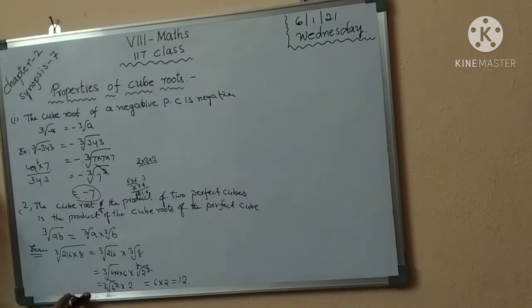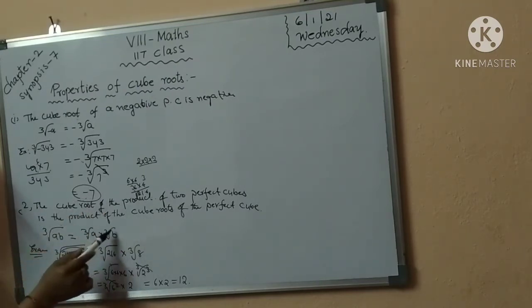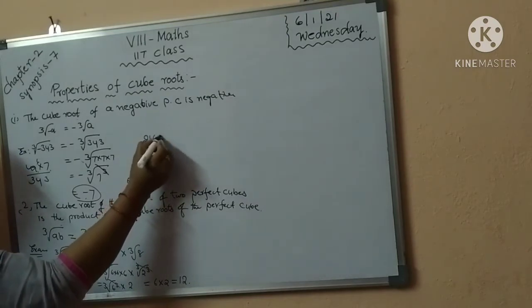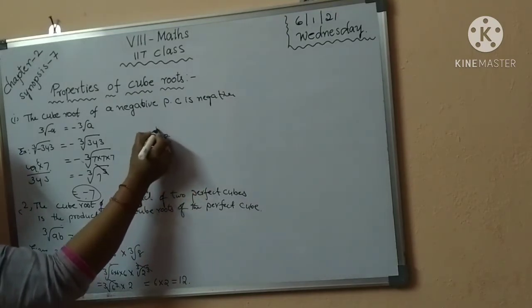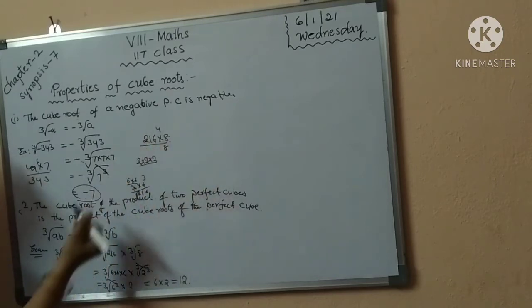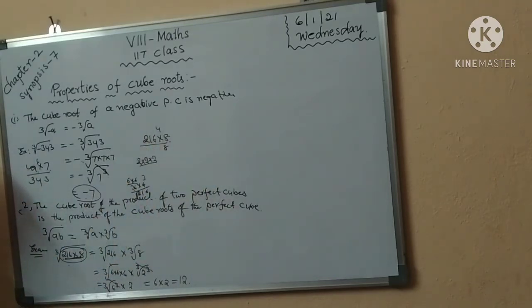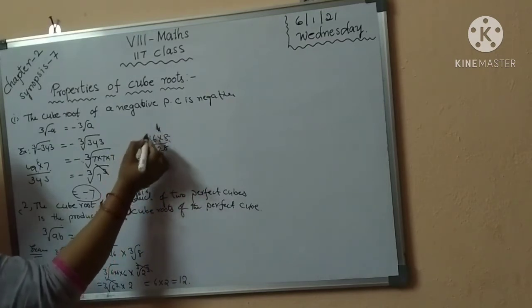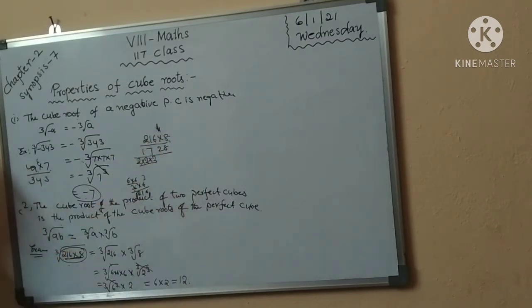This is the process. The cube root of the product is also a cube number. The product of cubes is a perfect cube. So here, first multiply 216 into 8, which is 1728. 1728 is also a perfect cube.